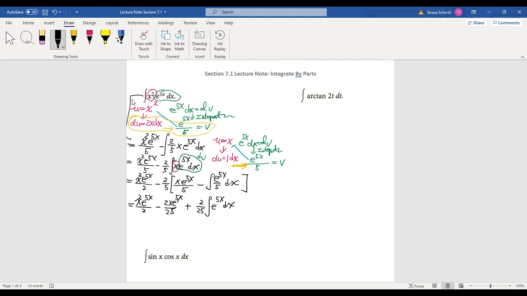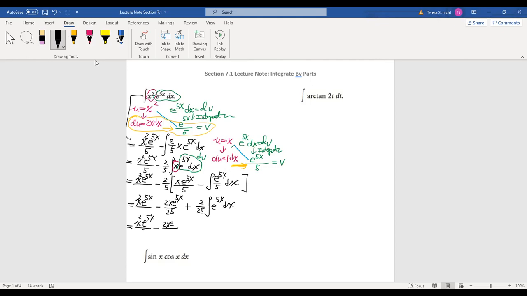Let's do the integration one more time. So this is x squared e to the 5x minus 2x e to the 5x, and this should be 5.